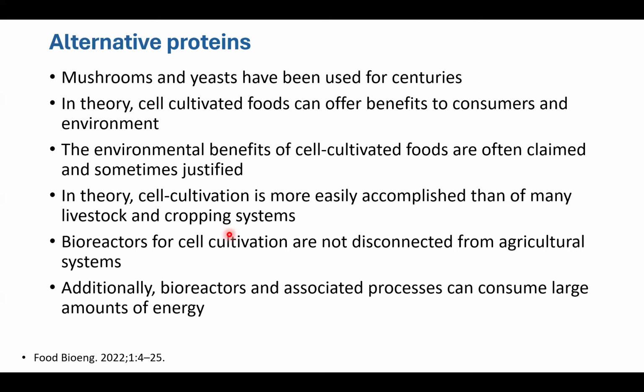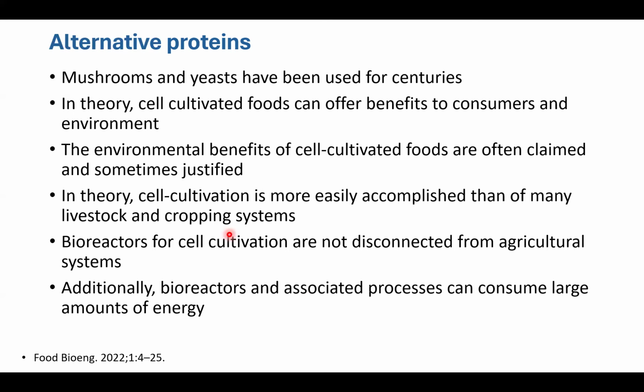For example, if you are cultivating fungi or yeast on sugars, you may actually go back to plant-based sugars, or maybe you can use agricultural residues or food processing byproducts to produce this kind of organism as a protein-rich material for human consumption.